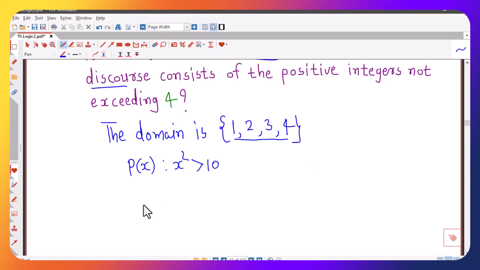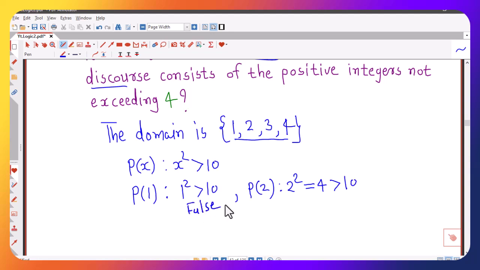So we can check one by one. Suppose I take x equal to 1, then I will have p(1): 1 square greater than 10. That is not correct. Suppose I consider x equal to 2, then I will have p(2): 2 square equal to 4, and that is also false.